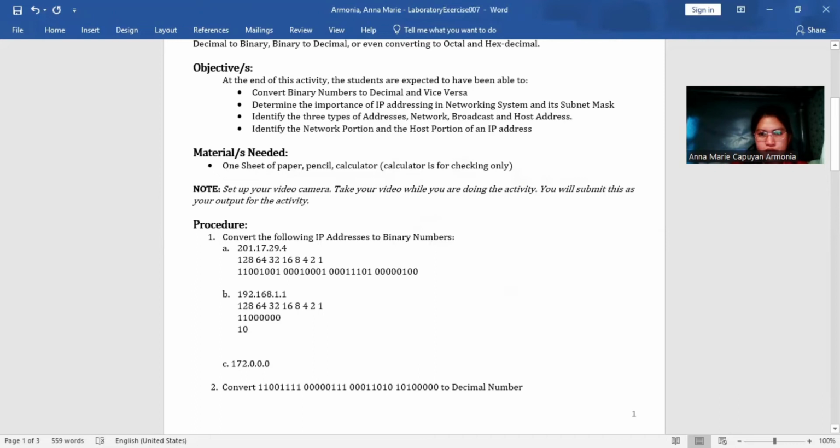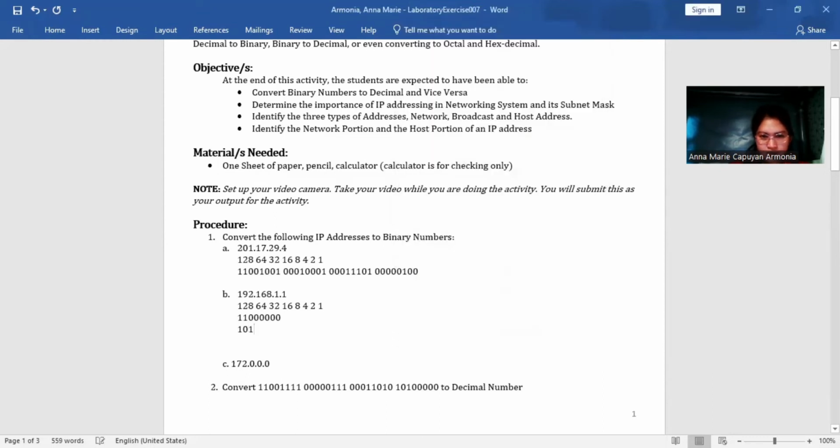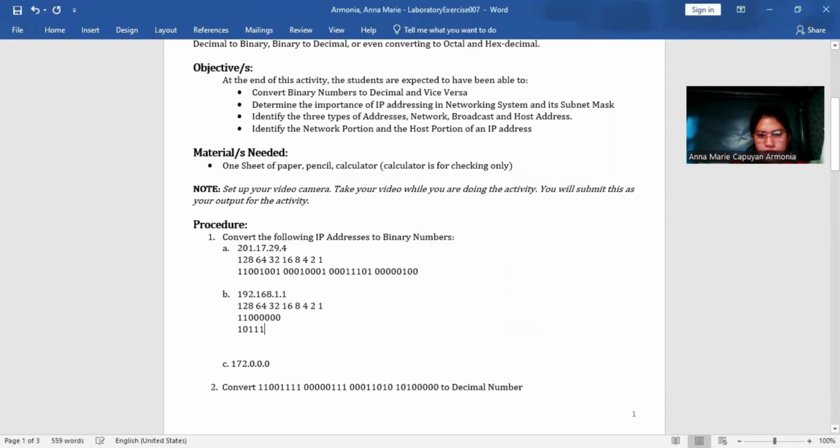And then 32, 40 minus 32 can be, so let's put 1 here, and then 16 cannot be. Then what's our remaining number? 8, so 1 here, then the rest would be 0, 0, 0. So 4, 2, 1: 1, 0, 1, 0, 1.